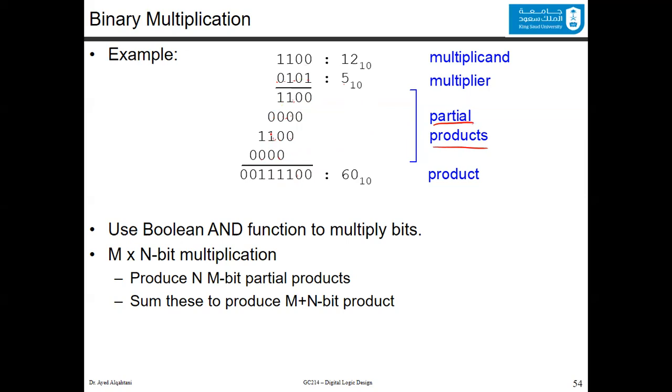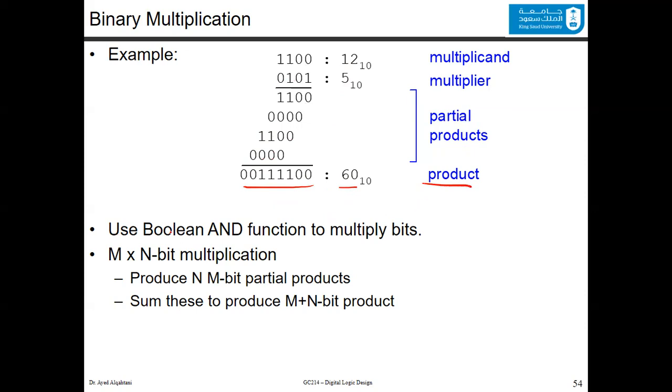Sorry, 0 and with 1 and 0 is 1. 1 and 0 is 1. 0 goes down, and also this 0. And you can see that this is the binary representation of the decimal number 60. 5 times 12 is 60. And this is called the product.